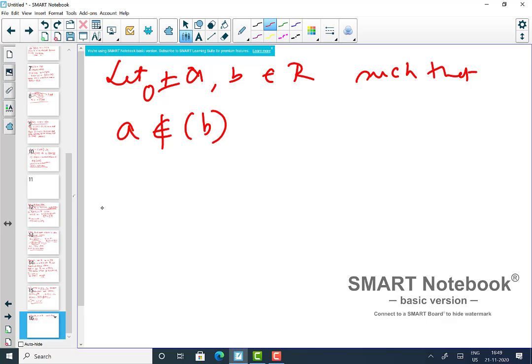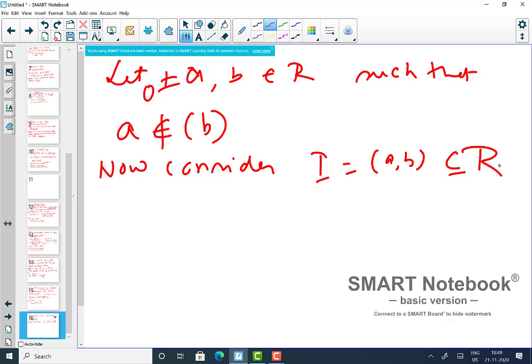So now consider I, which is the ideal generated by A and B, which is obviously inside R. Okay.